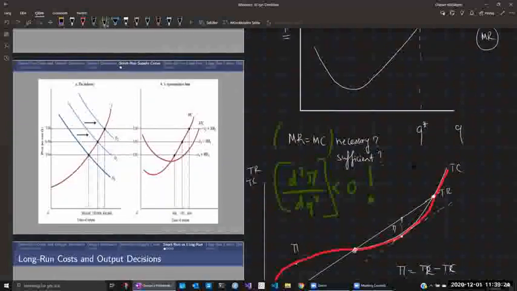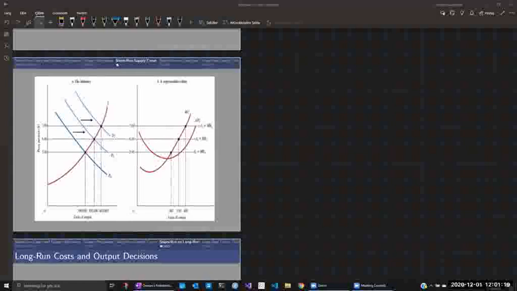Then we will continue. So now we understand that the profit maximization decision requires us to have an equality between the marginal revenue and marginal cost, which determines the level of output that a representative firm would like to produce, right? There might be some changes in the market in the short run.